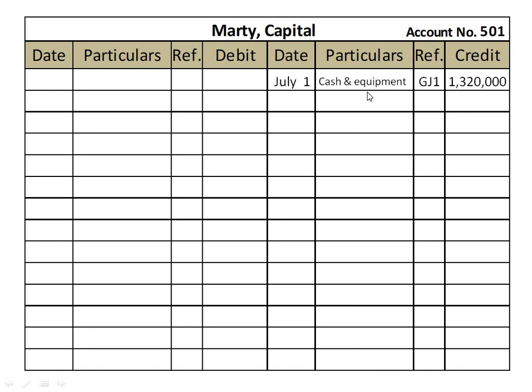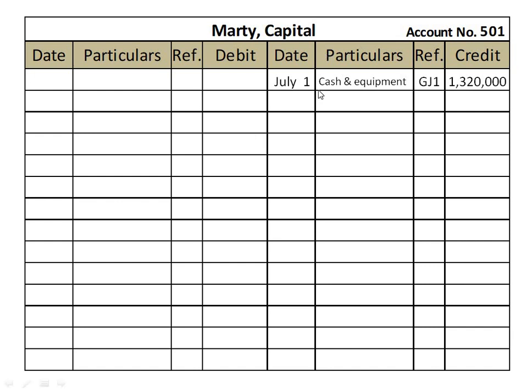Although for me, it is better to just specify the types of assets invested. Because anyway, it is already understood that this posting resulted from an investment transaction. Because credit to the capital account usually results from owner's investment.